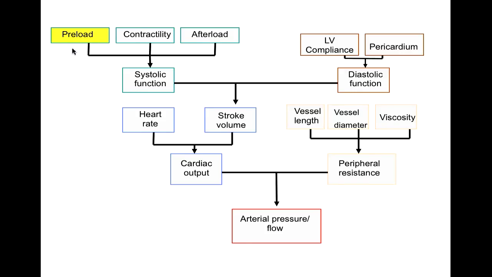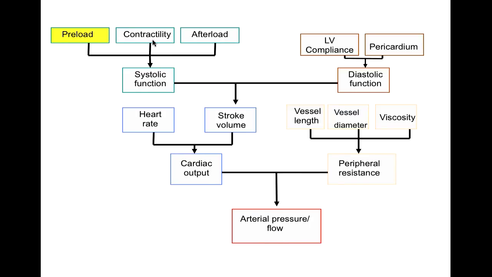Preload is the amount of blood in the ventricle just before it contracts. Okay? So if I'm able to put more blood into a ventricle before it contracts, that means I'm probably going to have more blood coming out of that ventricle, which would then increase the stroke volume, which would then increase the cardiac output, which would then increase the flow.